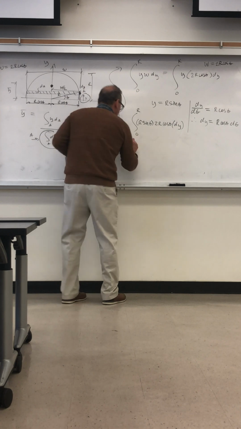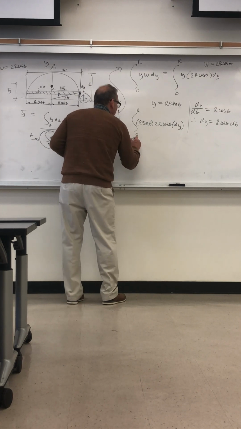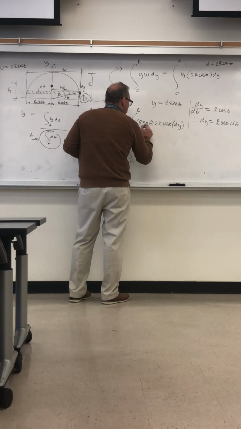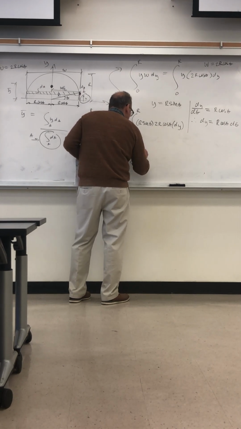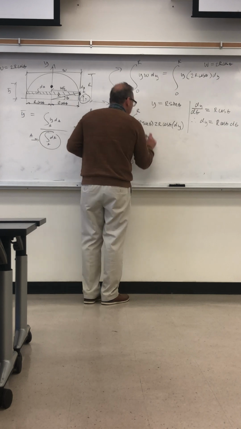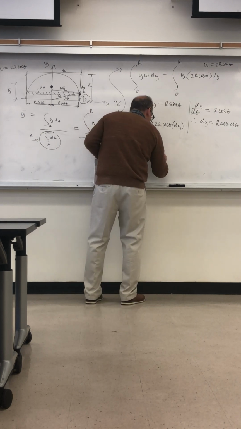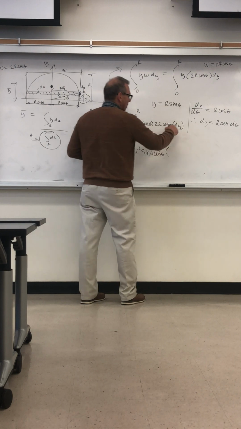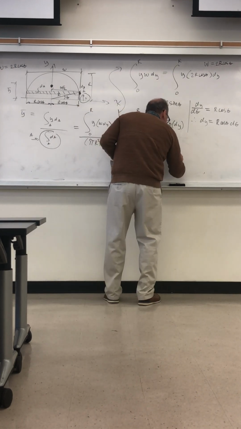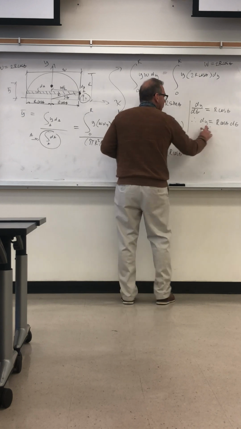So then this becomes the integral from 0 to r. I can see 2r squared, I've got a sine theta, cosine theta, and then I got dy, which is r cosine theta d theta.